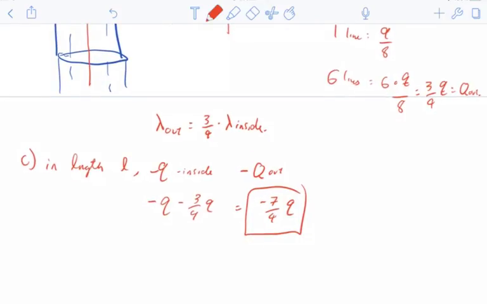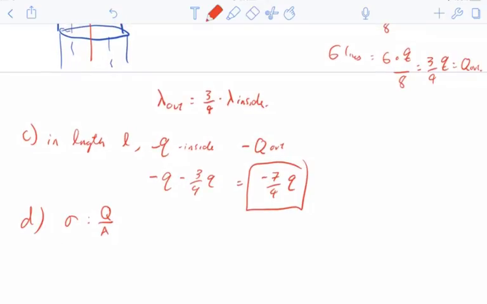Okay, so D, it's asking for surface charge density, which is the charge divided by the area of the surface. Okay, so for the inner one, the area is equal to the length of the pipe times the circumference, 2 pi r, right?